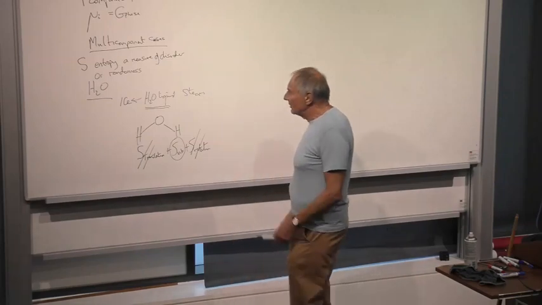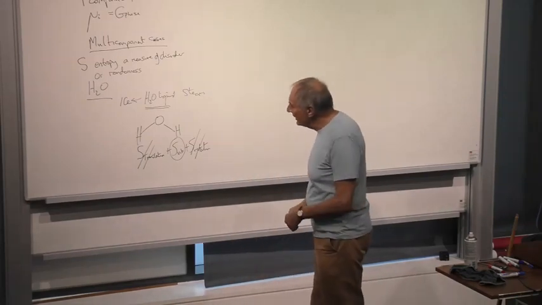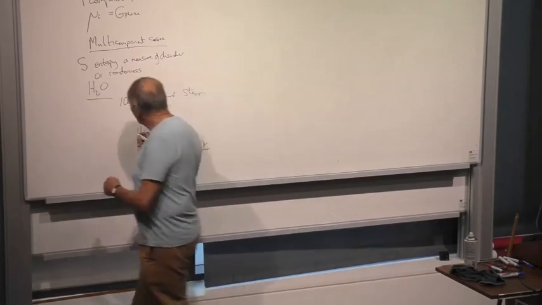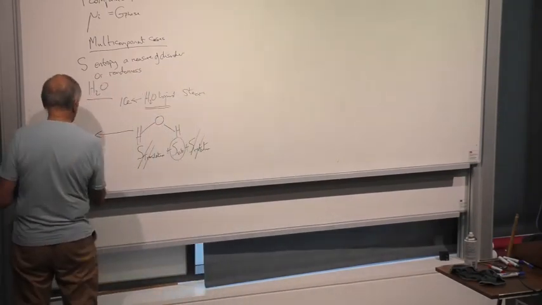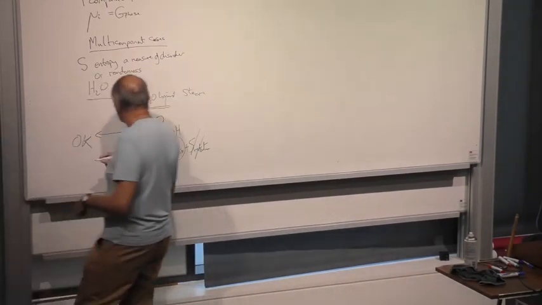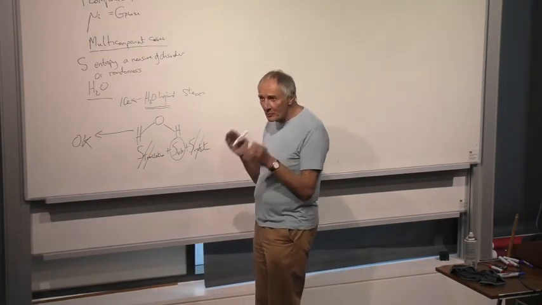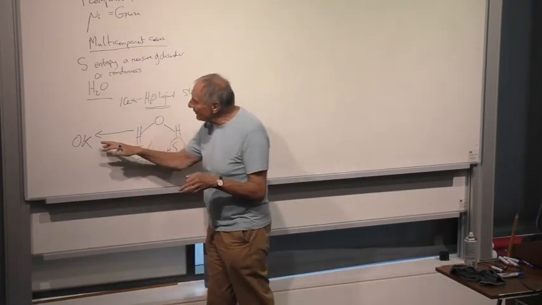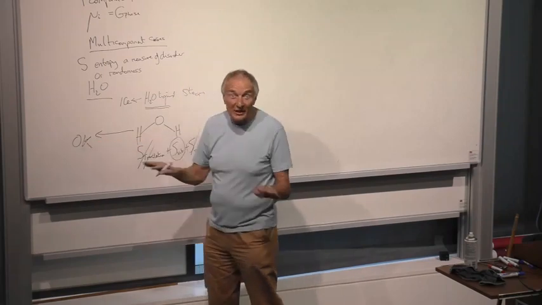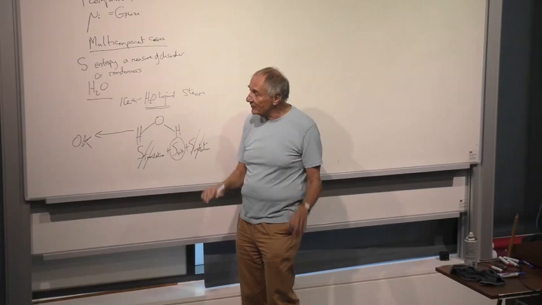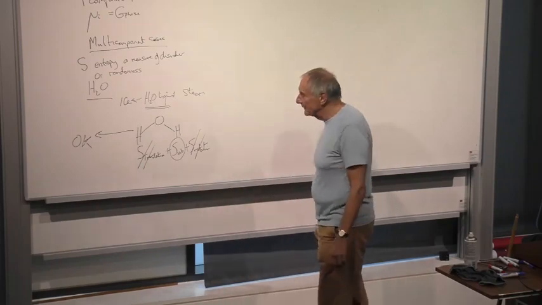of the HO bond. As we go down in temperature to 0 degrees Kelvin, the amplitudes of the vibrations get smaller and smaller and smaller, and eventually, in theory, at 0 they will cease. And entropy becomes 0 at absolute 0.